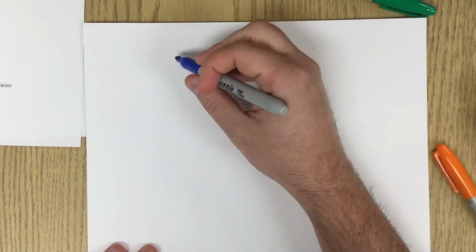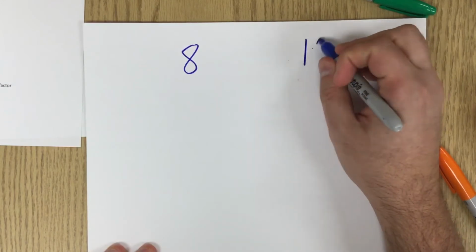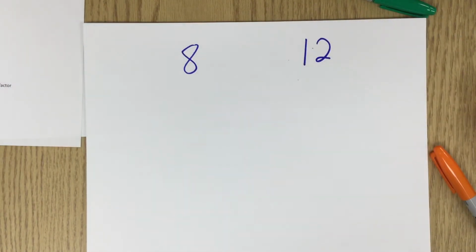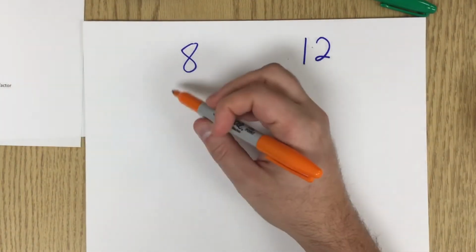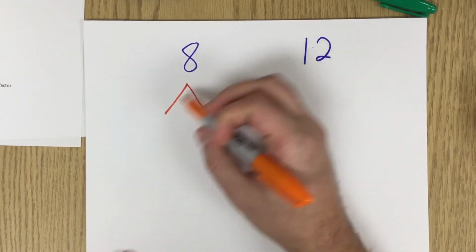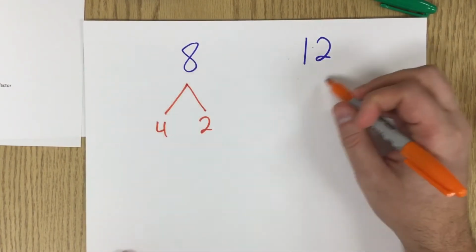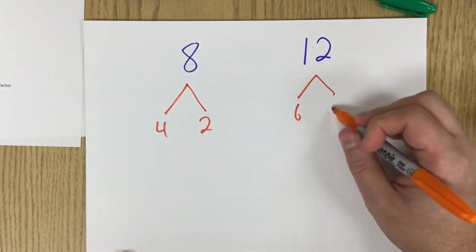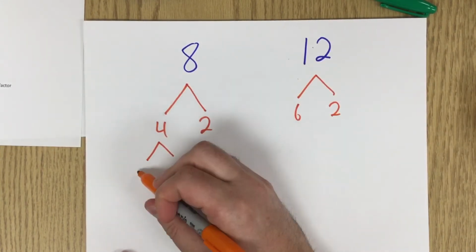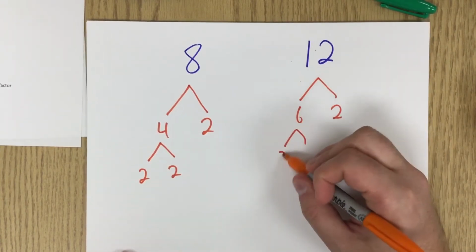Let's try 8 and 12. So the greatest common factor here: 8 is 4 times 2, and 12 is 6 times 2. 4 is 2 times 2, and 6 is 3 times 2.